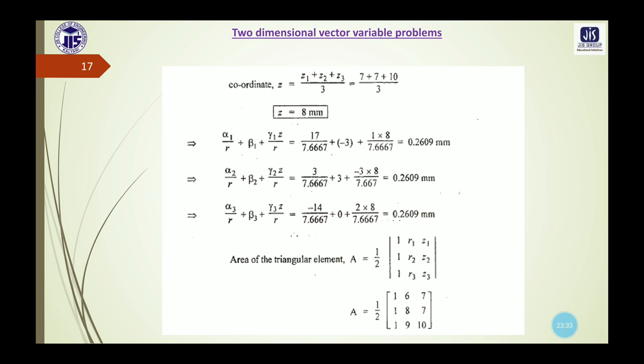Next, to calculate the coordinate Z, we use the formula Z1 plus Z2 plus Z3 divided by 3. The values of Z1, Z2 and Z3 are 7 plus 7 plus 10 divided by 3. That means 24 by 3 millimeter. So the value of Z is coming as 8 millimeter.